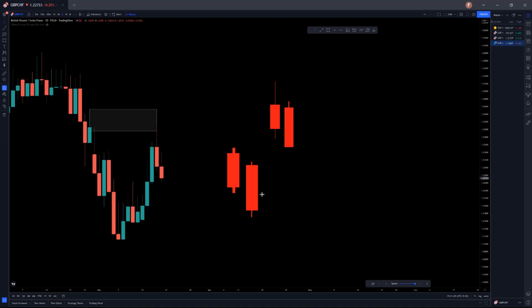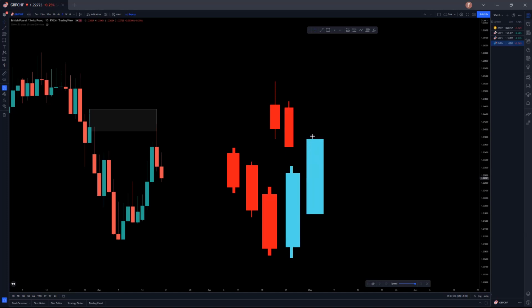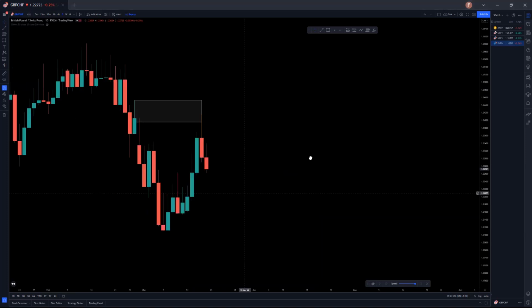Once this formation is interrupted like this, now what do we expect? The next candle to make first the lower high and then the higher low, then the higher high. So you can also use this information to your advantage.